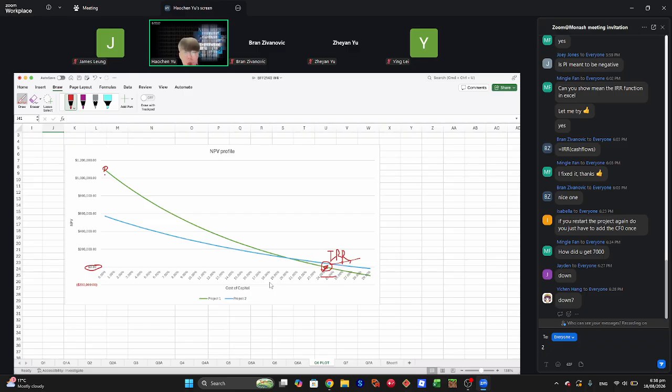We just put all these cash flows together. This is how we get the y-intercept. And after we have the y-intercept and x-intercept, then we can draw a line here. Then that will be the NPV profile. So this is how we get this graph here. Then I'm going to use Excel to show you how to get these numbers.